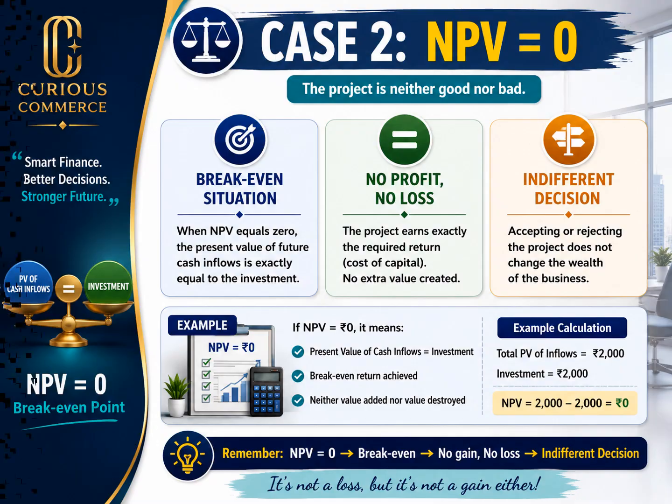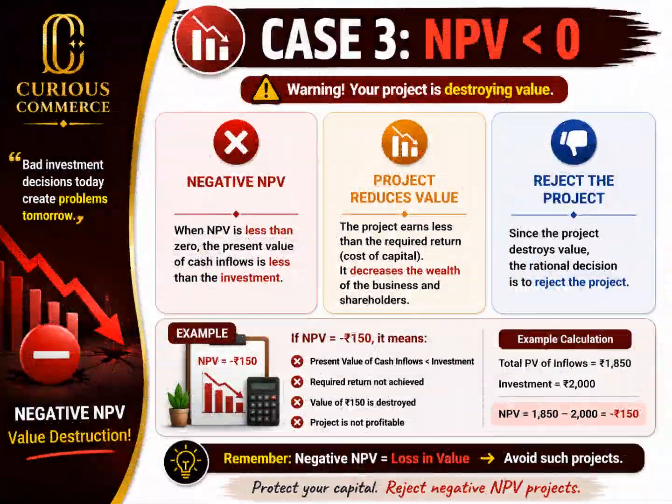The project is considered to be value destroying under the assumptions used in the analysis. Let us take an example. Suppose a company invests 10 lakh rupees. Its expected future cash flow is 8 lakh. Therefore, 8 lakh minus 10 lakh, that is negative 2 lakh rupees, is the NPV.